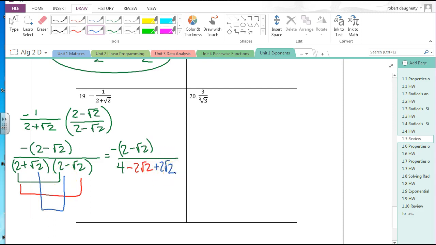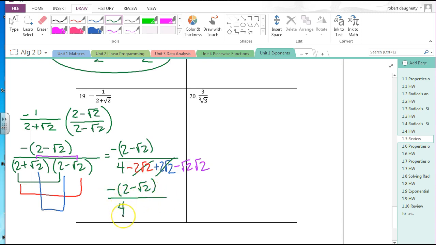And when I multiply the last terms, I get minus square root of 2 times square root of 2. So what happens here is 2 square root of 2 minus 2 square root of 2, those go away. So I get negative of 2 minus root 2 over 4.